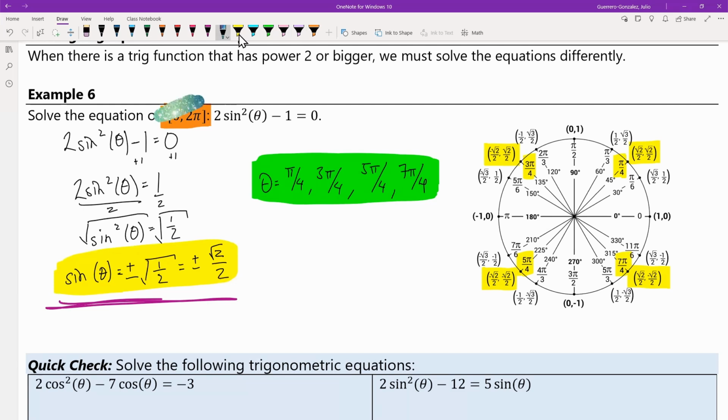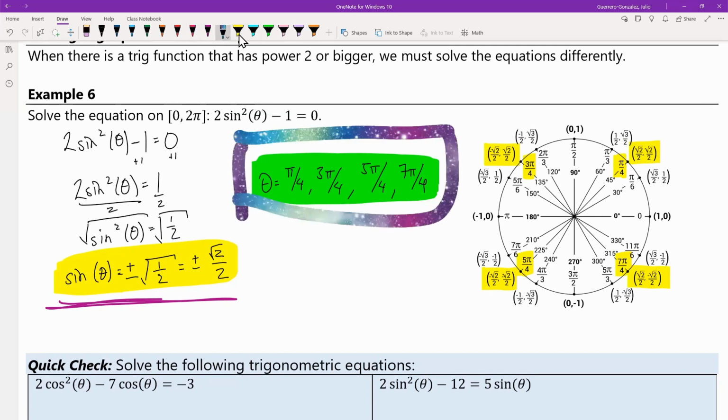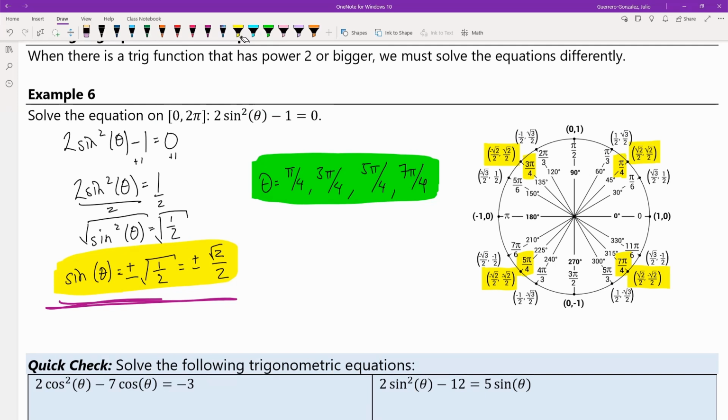If I just said solve the equation, then I would have to do the plus 2 pi k on the end of every one. So I'd have multiple answers and I'd have to capture each one. Because this one has this restriction on it, I'm done. This right here is all we need. Bam. So keep an eye on that.